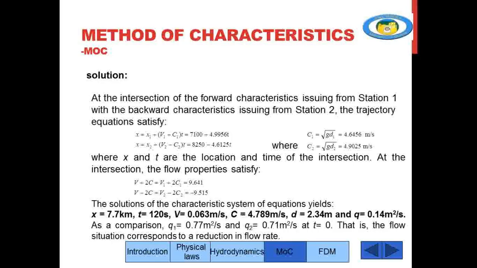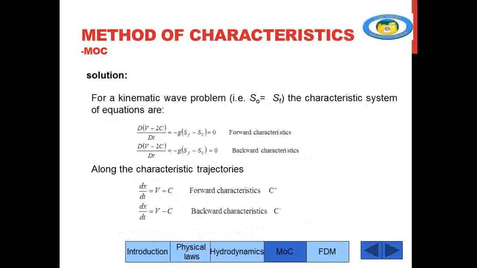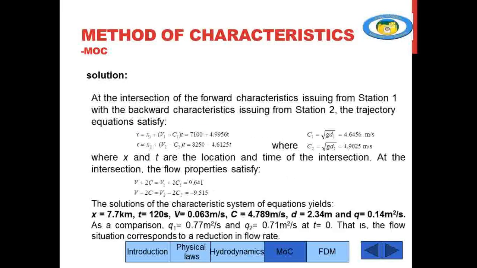And the celerity at station 2, using a depth of 2.45, shall give you 4.9 or 25. Now, the characteristic direction, straight line, is x equal to x1, where x1 is the location of station 1, plus velocity 1 plus celerity 1 at station 1 times change in time, starting from a time of 0 to t.